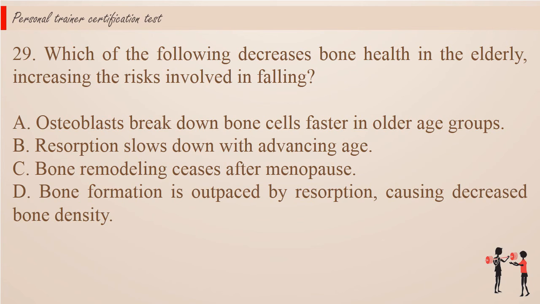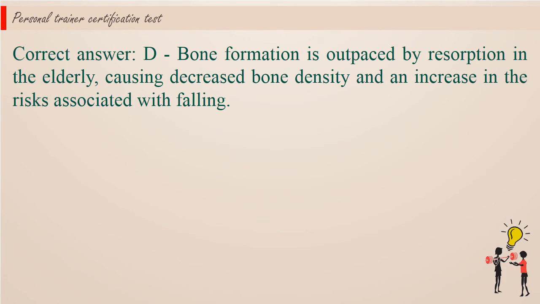D. Bone formation is outpaced by resorption, causing decreased bone density. Correct answer, D. Bone formation is outpaced by resorption in the elderly, causing decreased bone density and an increase in the risks associated with falling.